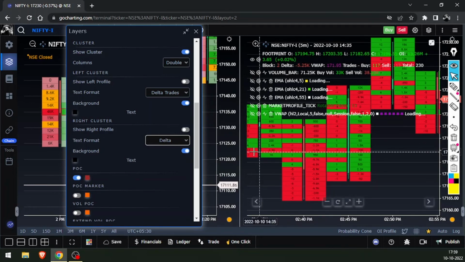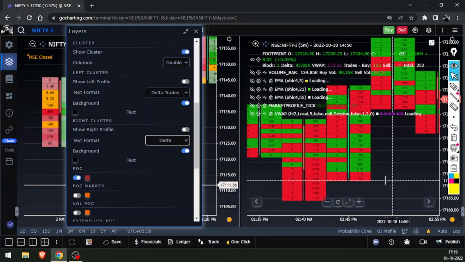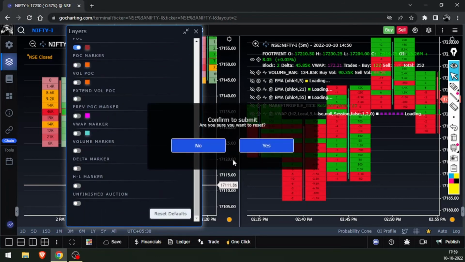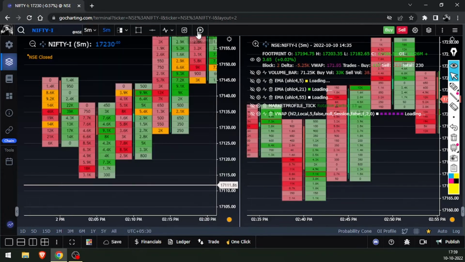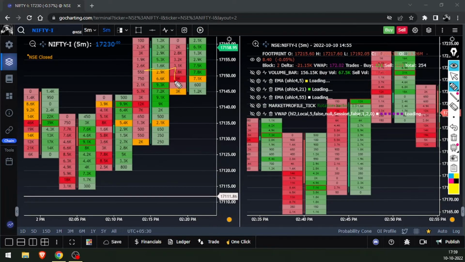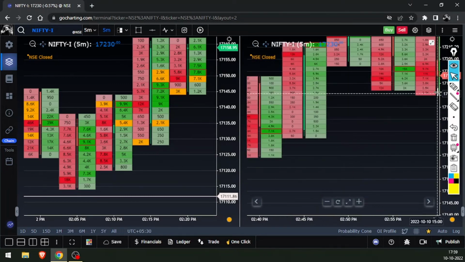So these kinds of data you are going to fetch on this cluster chart or footprint chart, but you are not going to fetch on this imbalance chart. The imbalance chart will show you only the buyers volume versus sellers volume with imbalance blocks, right? These are the main differences between the imbalance chart and the cluster chart.